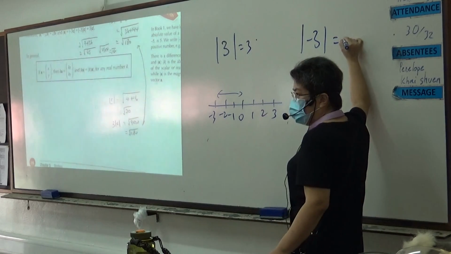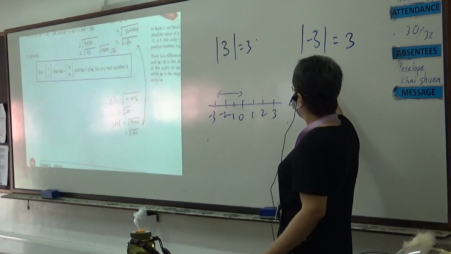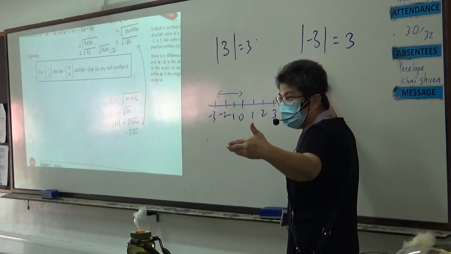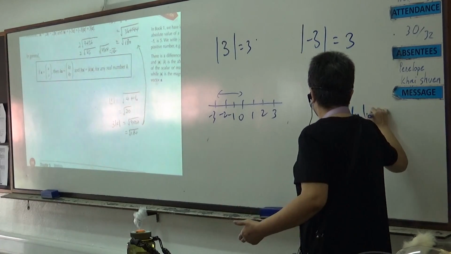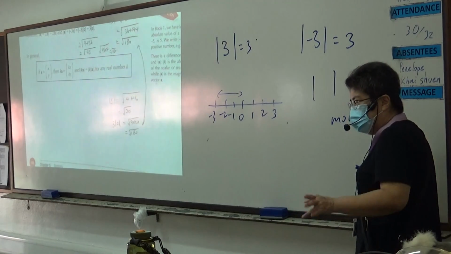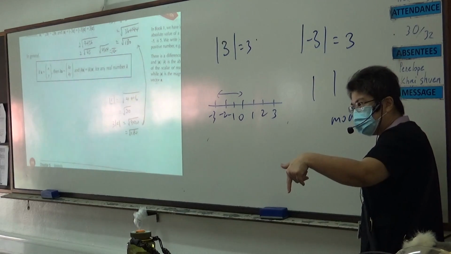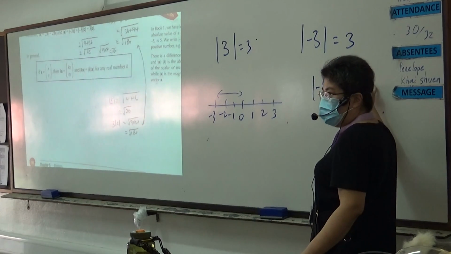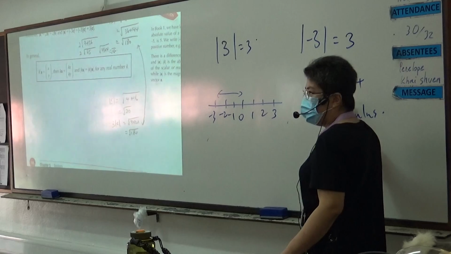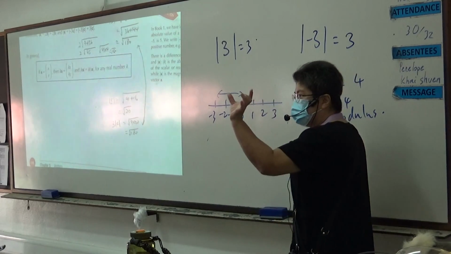This is also what? 3. That means this one is just a numerical value. Okay, once you put the mod sign, this is actually called modulus. Okay, but it's not in your syllabus anymore. It's actually in the A-Math syllabus last time. Modulus just means if I have negative 4 is what? 4. If I have 4 is what? 4. That means the distance from 0.